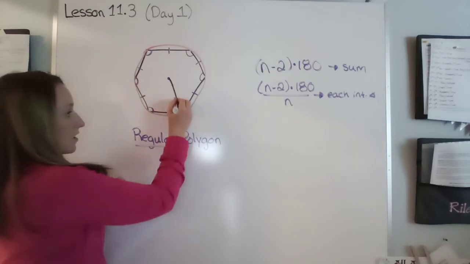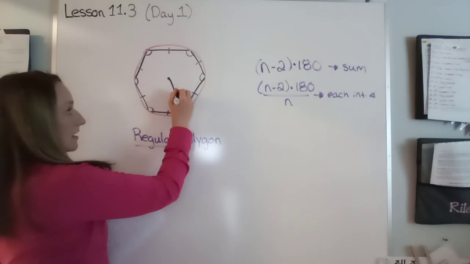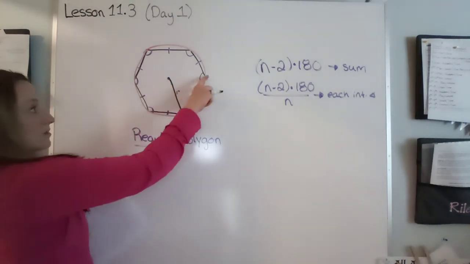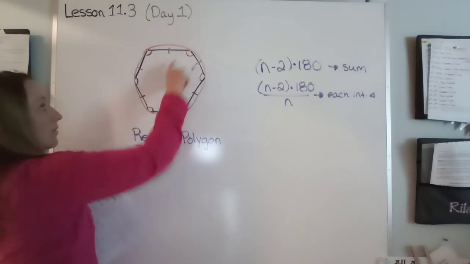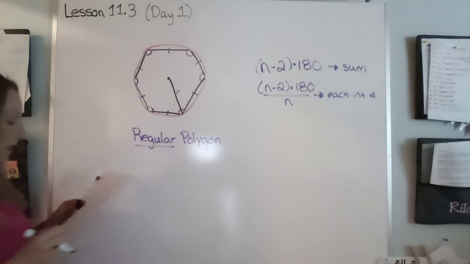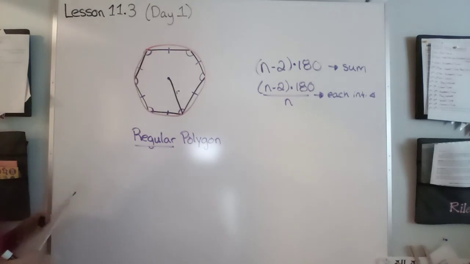So if I draw a segment there, that is your radius. I could draw a radius to this vertex or to that one, it doesn't matter, right? They're all going to be the radius of the polygon, which is also the radius of the circle.